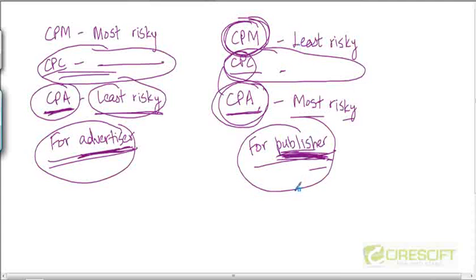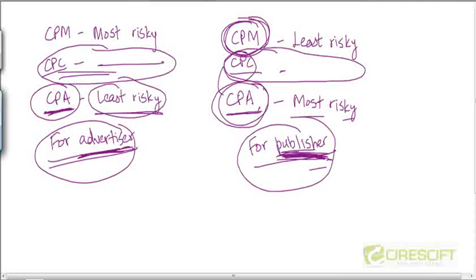Like let's say you become the owner of some popular news website. Then you can charge advertisers based on CPM, which is least risky for you. Since you're already so popular and they want traffic, you can drive traffic to their website by going for the CPM model.